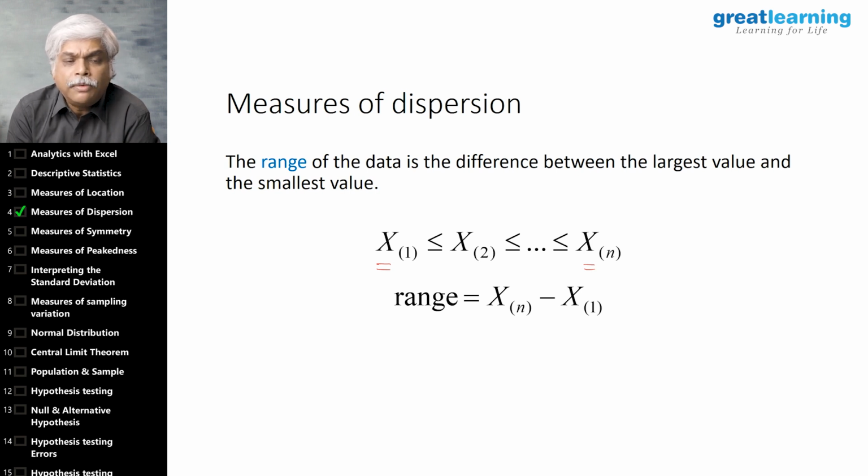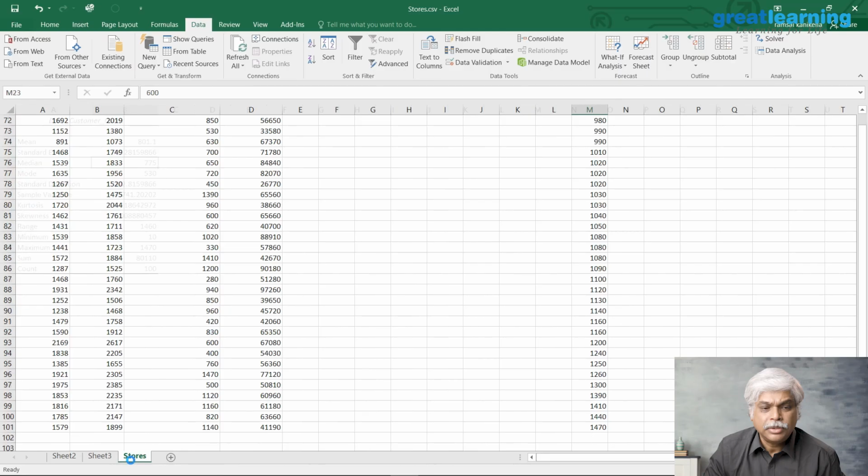So the smallest value of the range is 0. A large value of range indicates that there is a big difference between the largest and the smallest. For example, the largest and the smallest income. So, if we go back to a data set that we have been considering, recall the data set that we had looked at, which was a data set of stores.